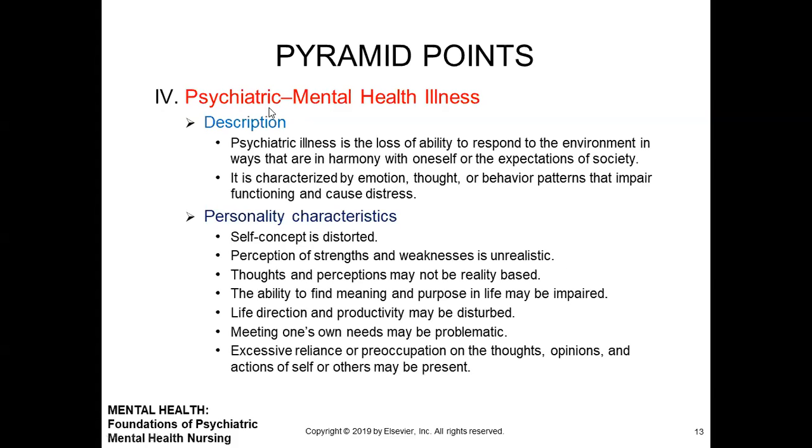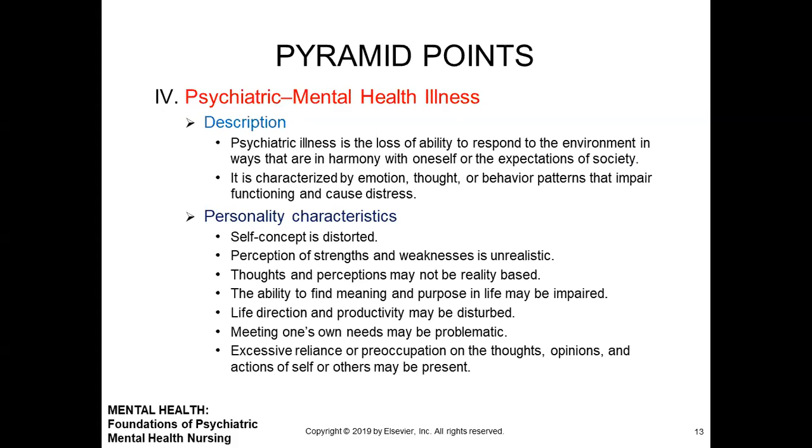So what is psychiatric mental illness basically? Psychiatric illness is a loss of ability to respond to the environment. You see, psychiatric patients are not social. They like to isolate themselves.